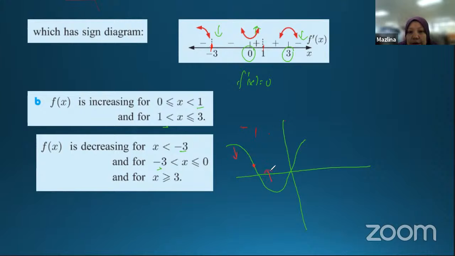Tiba-tiba this is concave up. This the point where the curve tu berubah dia punya concavity. Ya, dia bukan asymptote. Okay, later I have the definition about the point of inflection and the turning point and all after this.